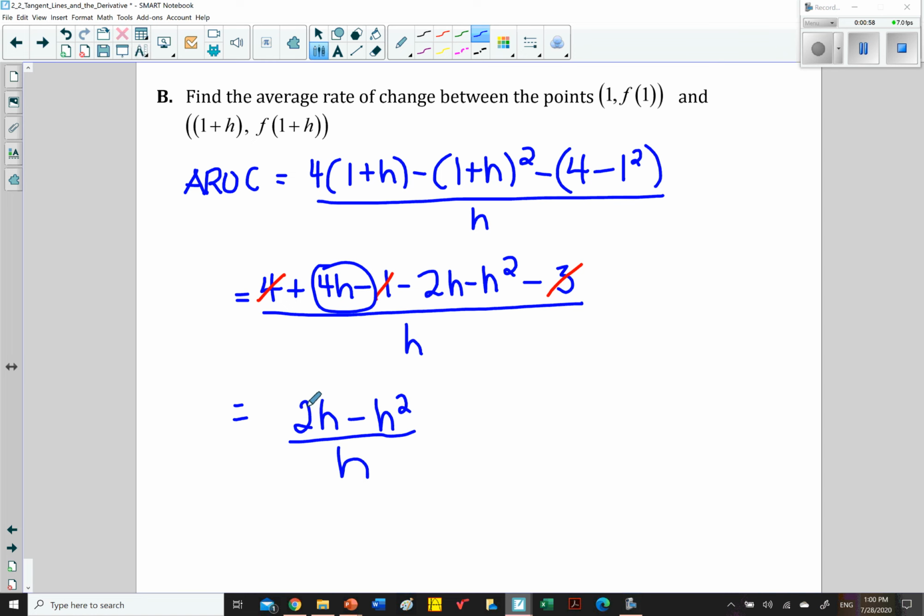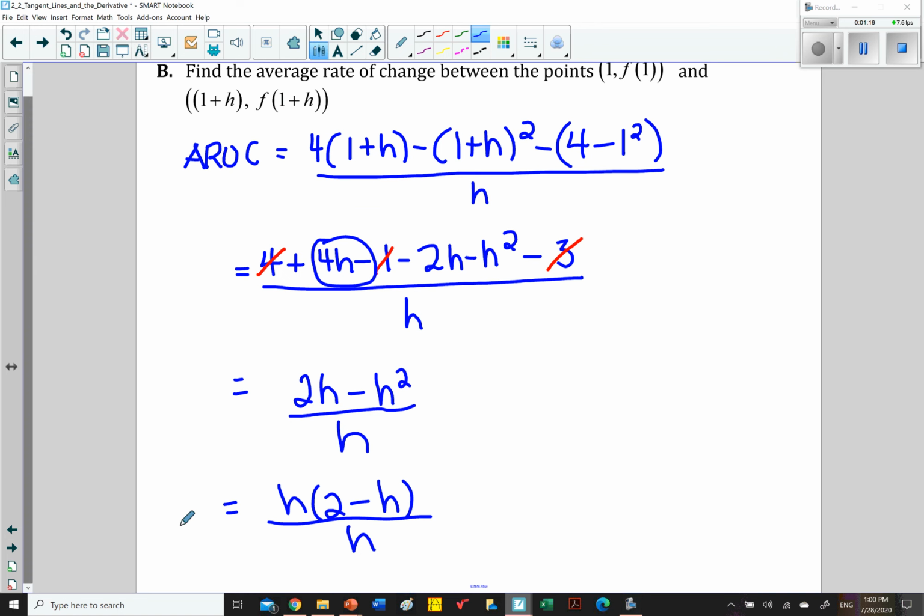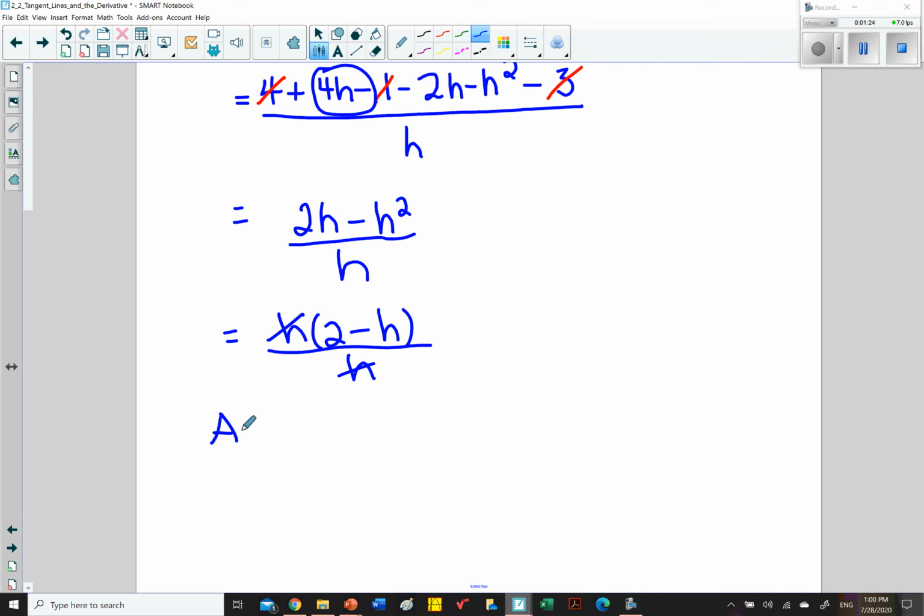I had a negative 2h minus h squared. So factoring out the h, my correct answer should have been h on the outside, and then 2 minus h on the inside, divided by h, and the average rate of change would have been 2 minus h.